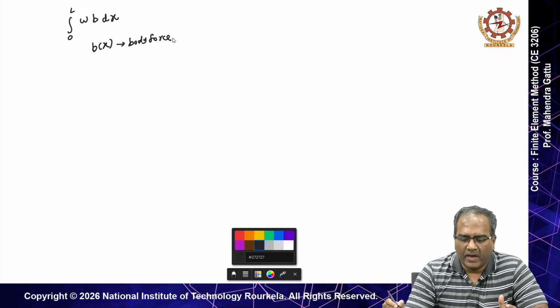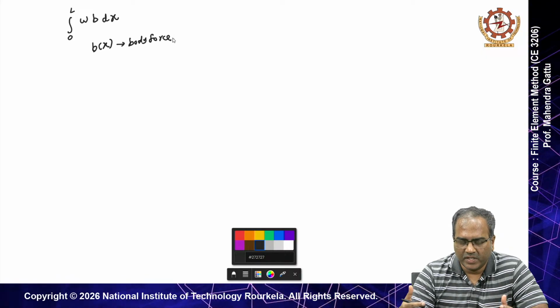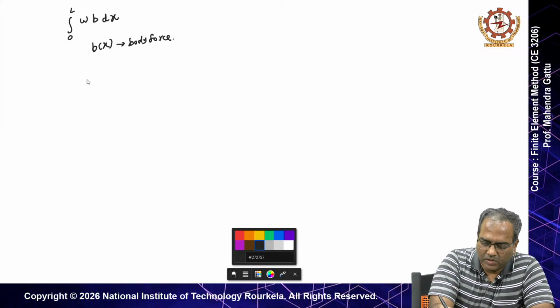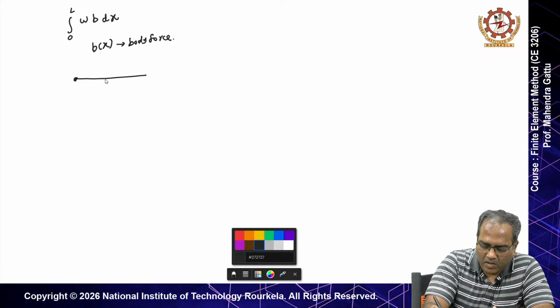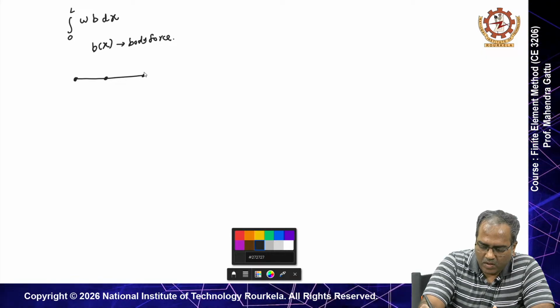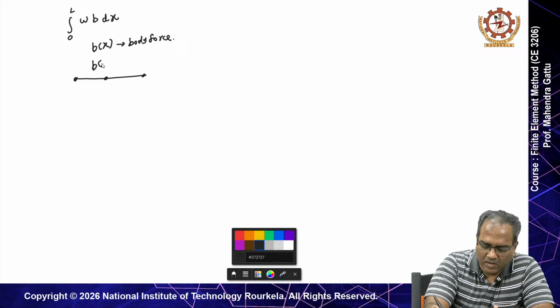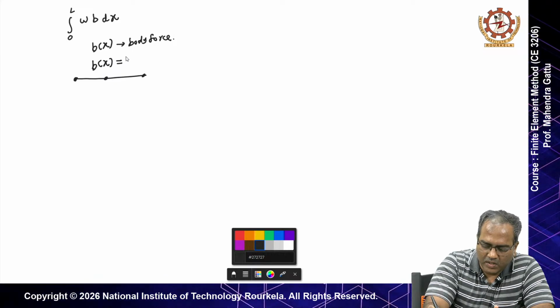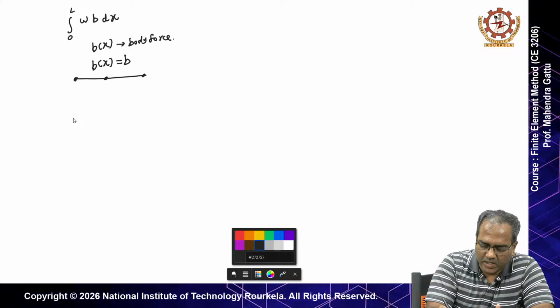We can have a constant body force, or we can have a body force which can vary linearly. Suppose for this problem we can have B of x equal to B. So, it will be constant throughout, or we can have something like a linear variation.